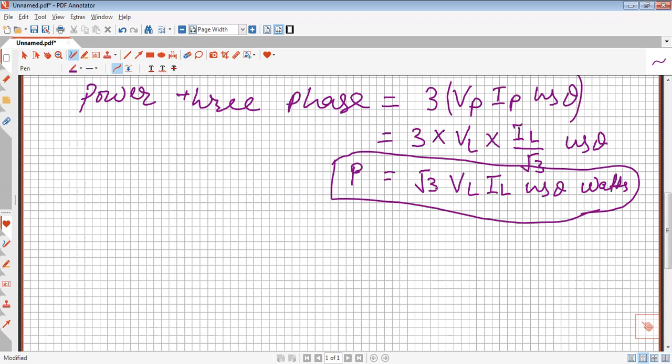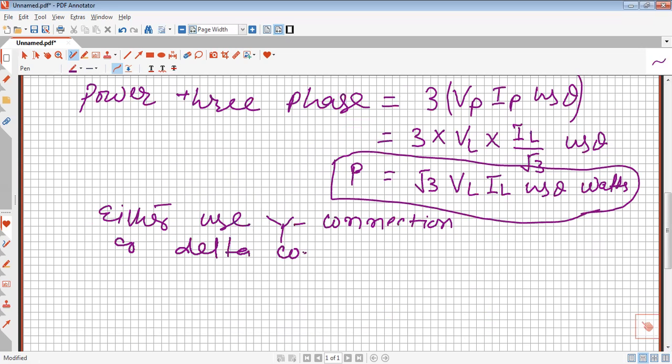So either we use a star connection or a delta connection, power remains invariant. Power in star or power in delta, both are equal to root 3 times VL IL cos theta, and its unit is watt.